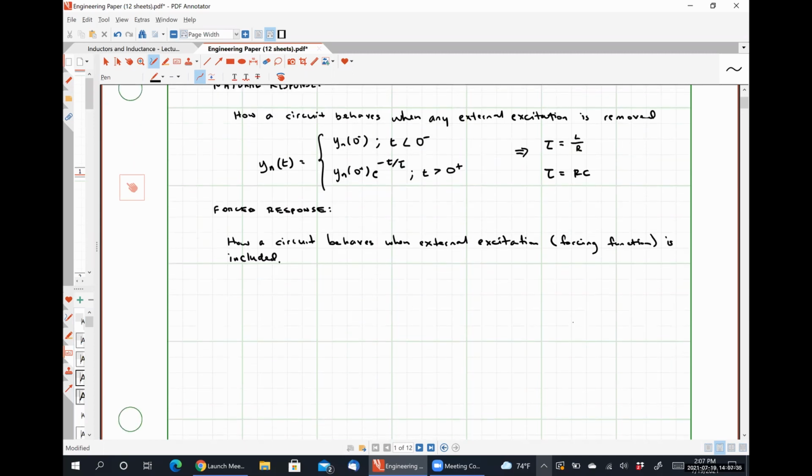So an example of a forcing function acting on a first order circuit might be something like this. We have a voltage source. Let's call it a 10-volt source. Let's say that we have a 5-ohm resistor.